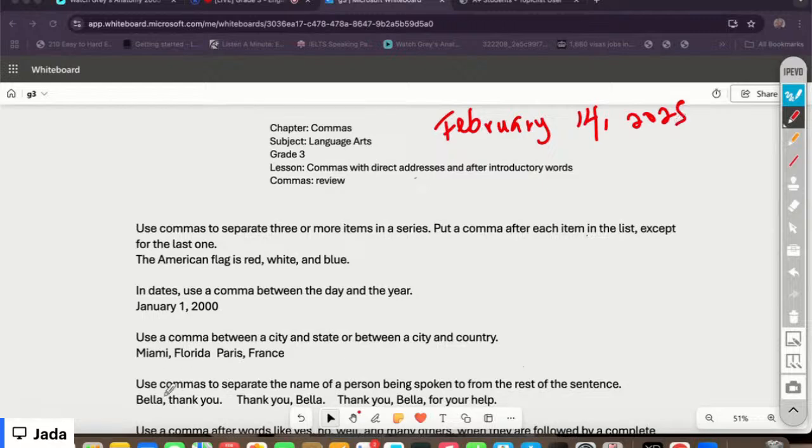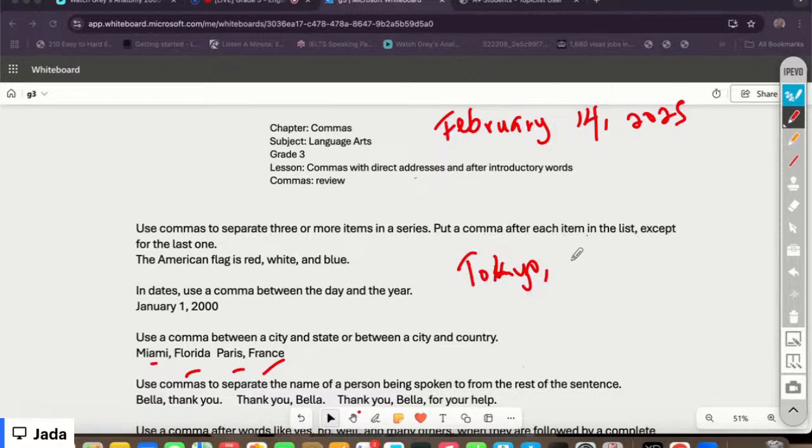All right, so for cities and countries, you use a comma between a city and a state or between a city and a country. Just like we have Miami, Florida, we have Paris, France. Okay, you were born in 2016, meaning you are 9 years old.